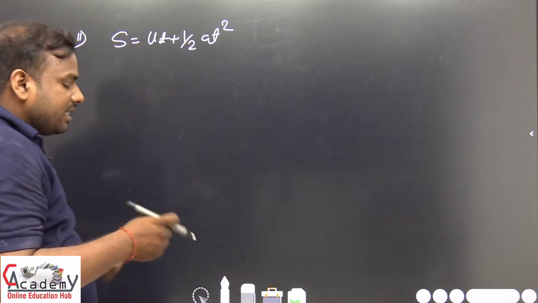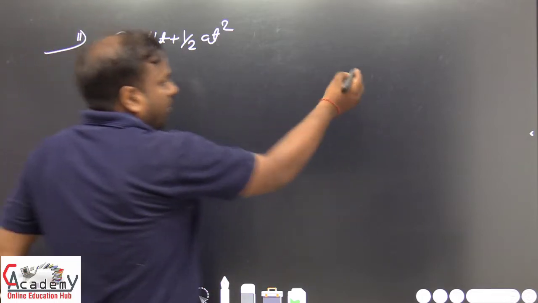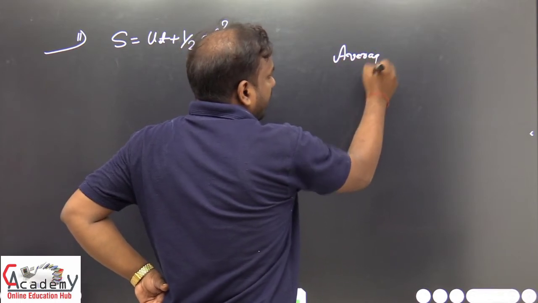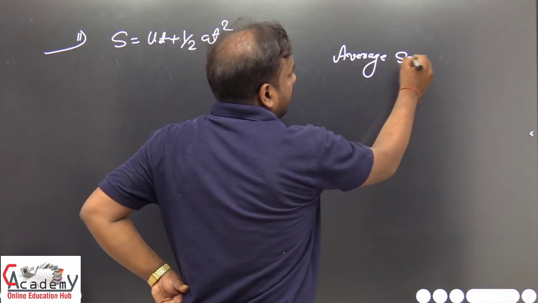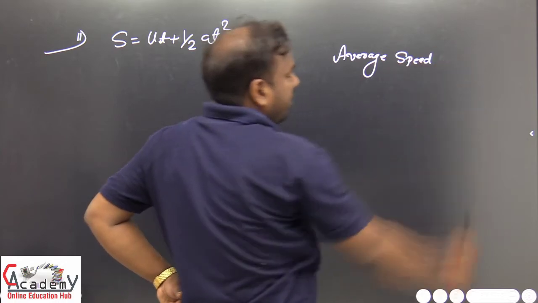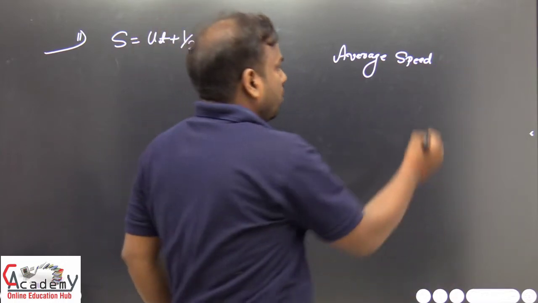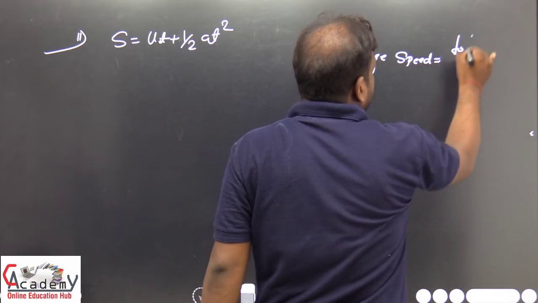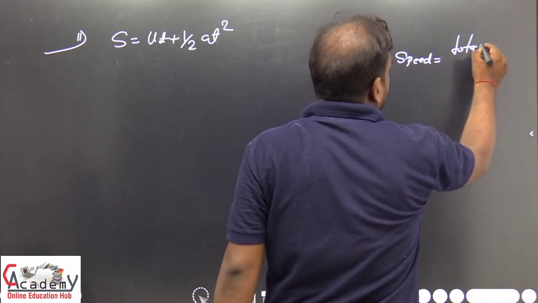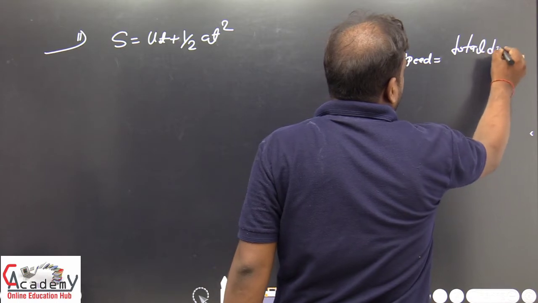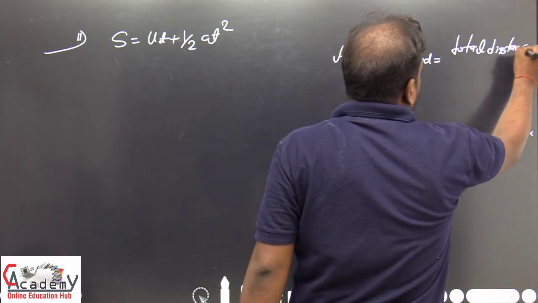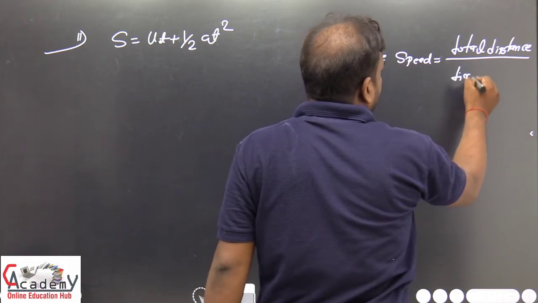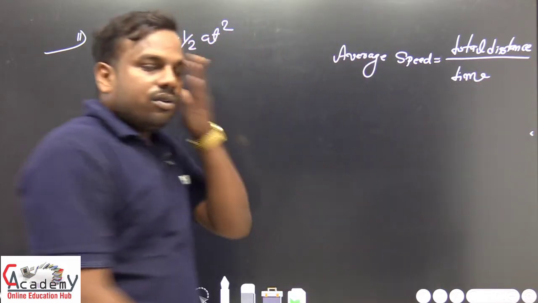We already discussed what the average speed is. Average speed is equal to total distance upon total time.